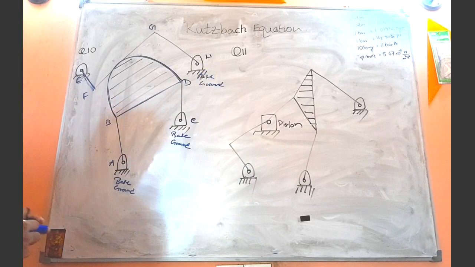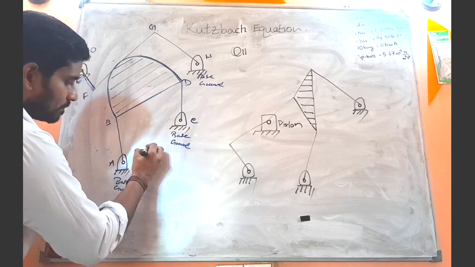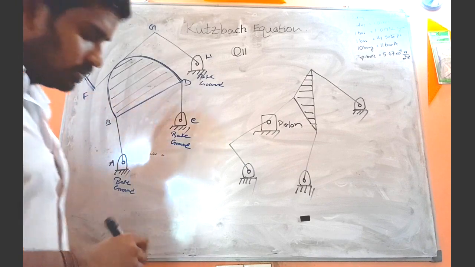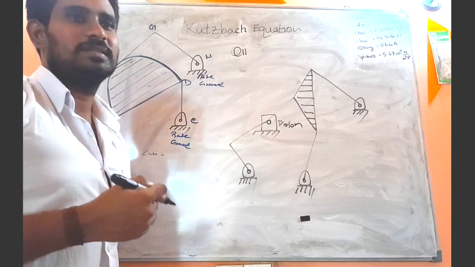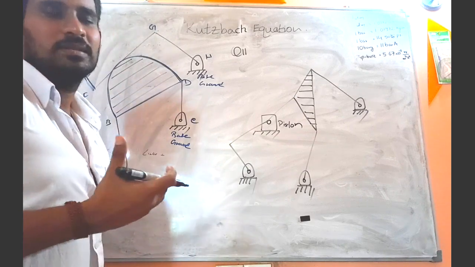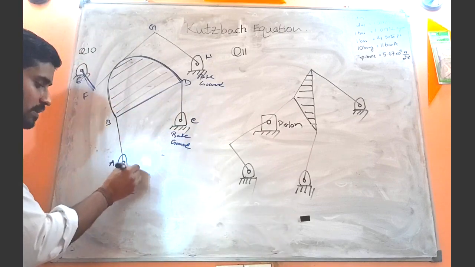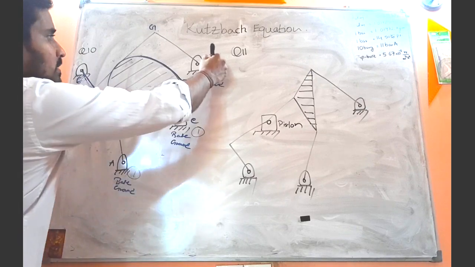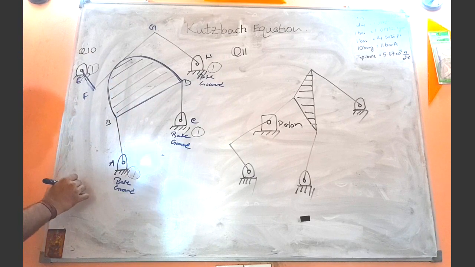Now first of all, let's see how many links, or members, there are. The first member we consider is the ground, or the base, which is at rest. So here also we have ground, number 1. So this is also number 1 because it is the base, and this is also number 1. So number 1 is the base, right?